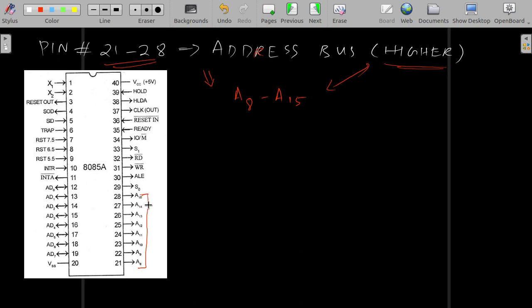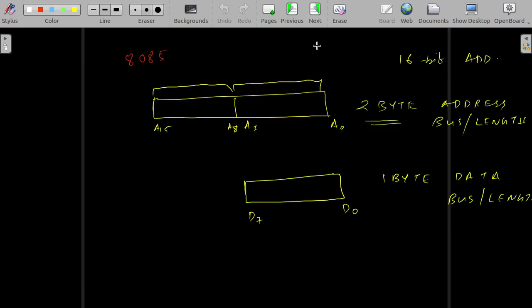It gives out the address to the memory. It doesn't take back the address. It generates the address and gives it to the memory, whether it's a read or write operation. That is regarding pins number 21 to 28. And please remember this: the address bus is split into two, higher and lower.